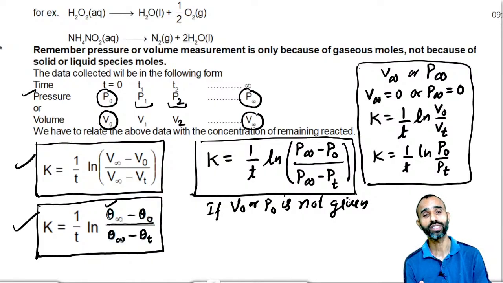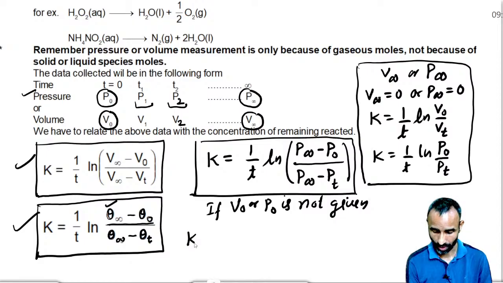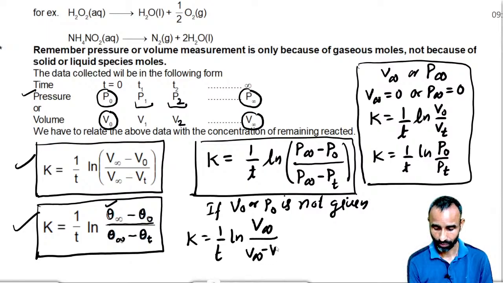Take it as 0. So k comes out to be 1 upon t natural log of P infinity divided by P infinity minus Pt.